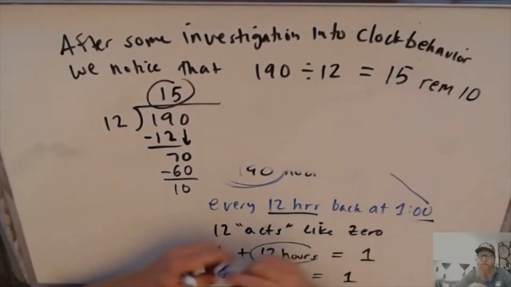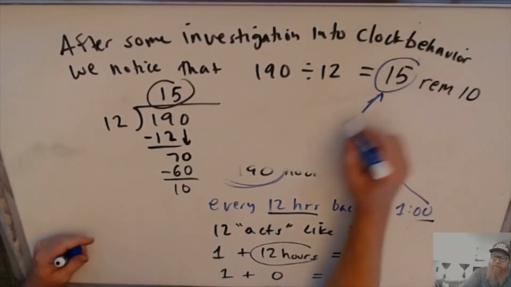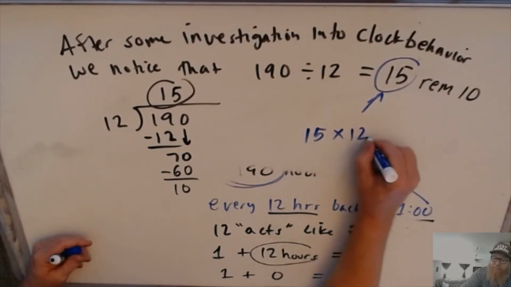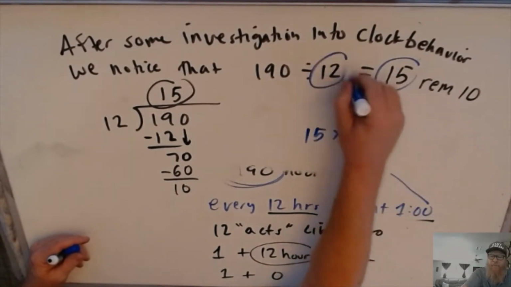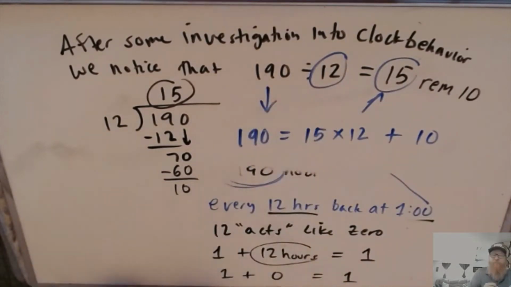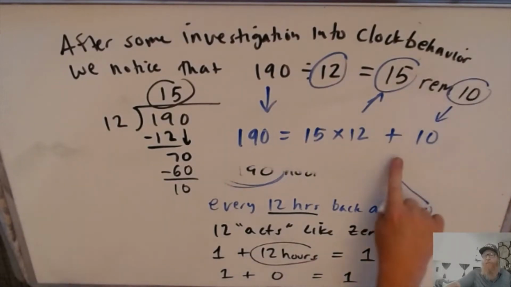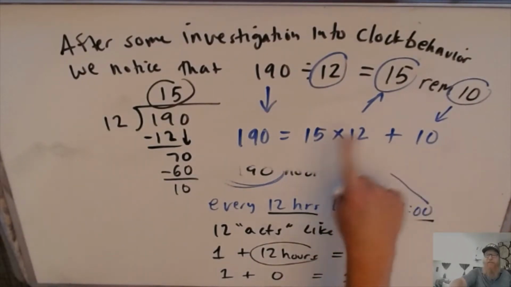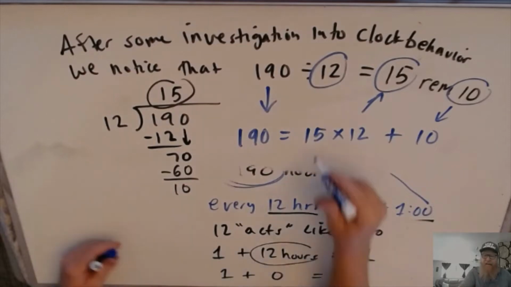Now remember what the 15 means. The 15 means 15 times 12, plus 10. That's what 190 means, and that's what the remainder of 10 means. You're going to go around the clock 15 times.